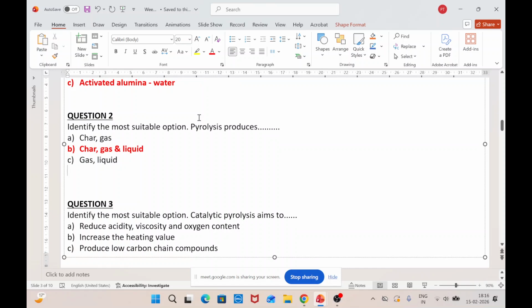Identify the most suitable option. Catalytic pyrolysis aims to reduce acidity, viscosity, and oxygen content, increases the heating value, produce low carbon chain compounds. Which one of the following is the most suitable option?